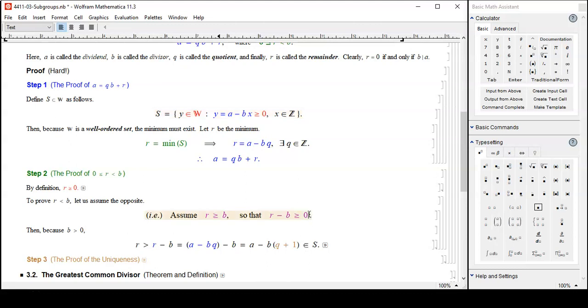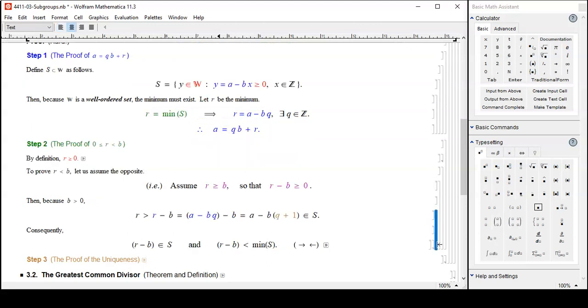And then R minus B is greater than or equal to 0. So A minus B times some integer is greater than or equal to 0. That means R minus B belongs to the set S. Is that a contradiction? Now I hope you can see that. R minus B belongs to this set, yet R minus B is less than R strictly.